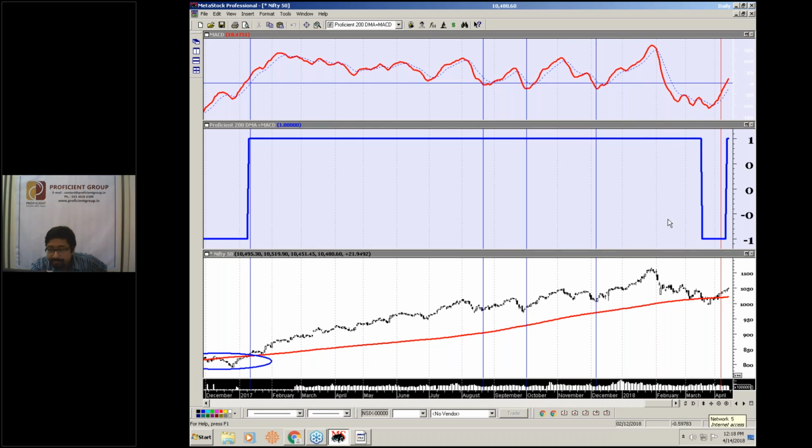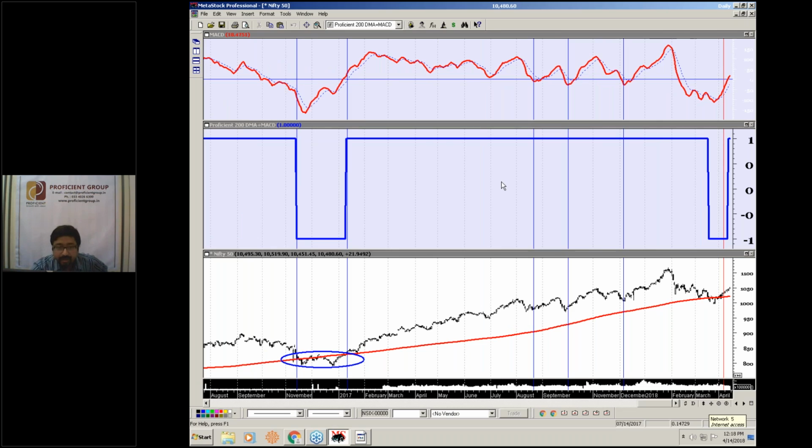Okay, what did we do? Now you can see that this indicator is giving us only two values. The first one is +1, and the other one is -1. So this indicator is either at +1 or at -1, right?